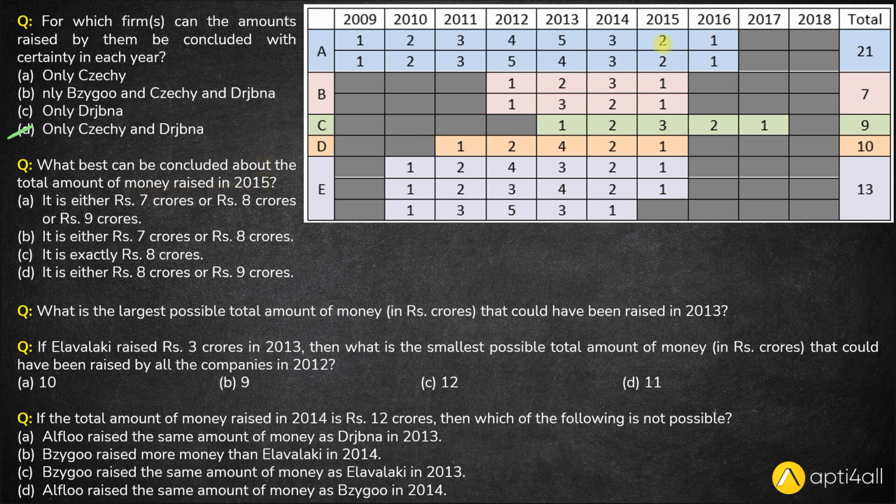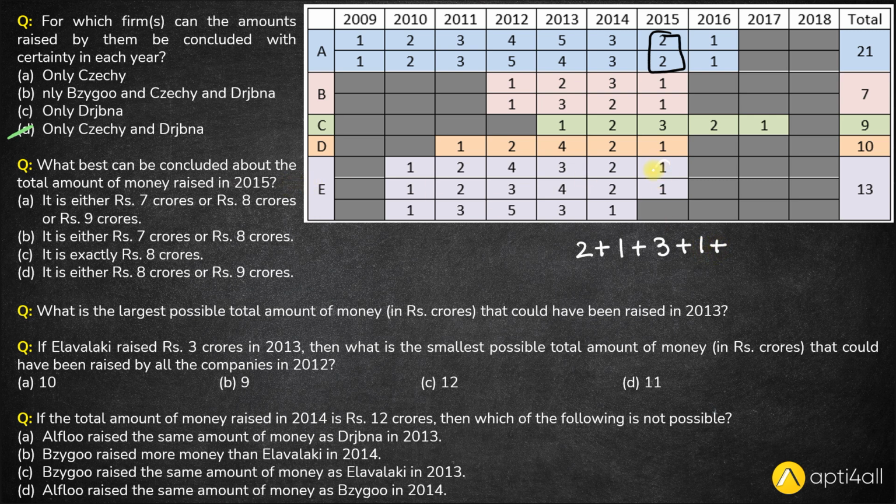Fine. In 2015, company A for sure raises exactly 2 crores. So this is 2 for sure. 2 plus. Company B for sure raises exactly 1 crore. Whatever be the case, it will definitely raise only 1 crore. Company C will definitely raise only 3 crores. Company D will definitely raise only 1 crore.